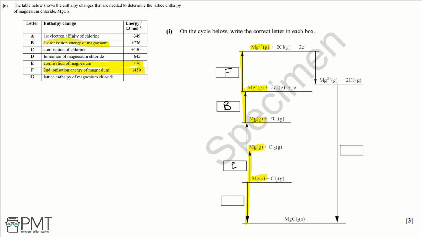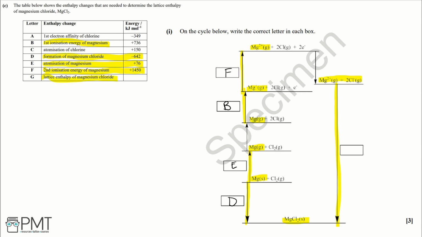So these are the elements in their natural forms going to this compound, and that is the formation of magnesium chloride, so we can label this D. And finally, looking at the arrow on the right, we've got our ions of magnesium and chlorine forming our magnesium chloride. And this is called the lattice enthalpy of magnesium chloride.